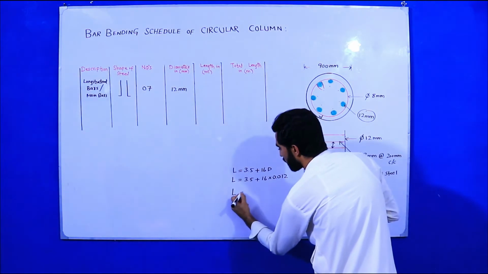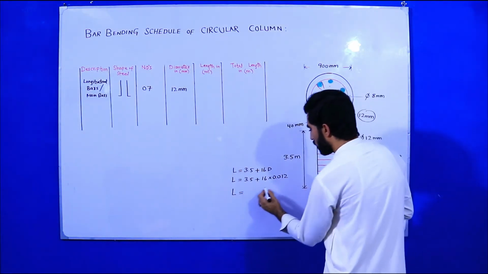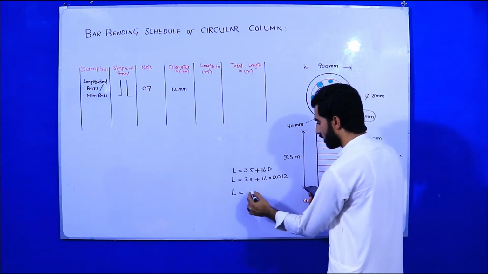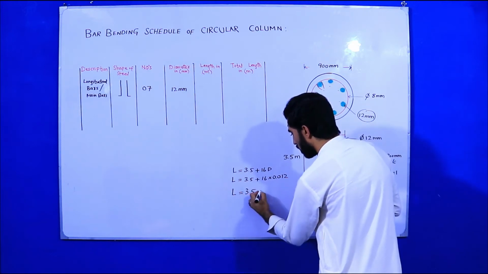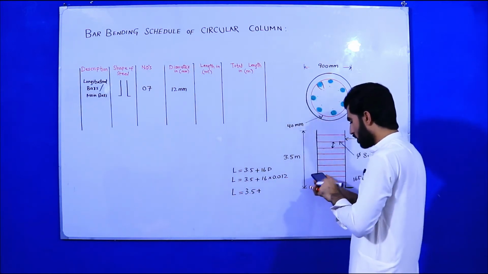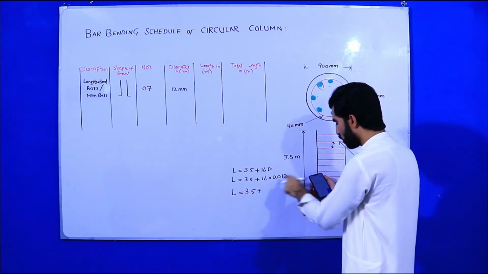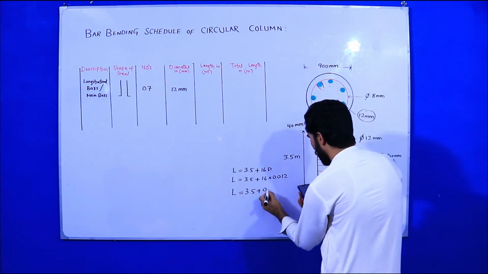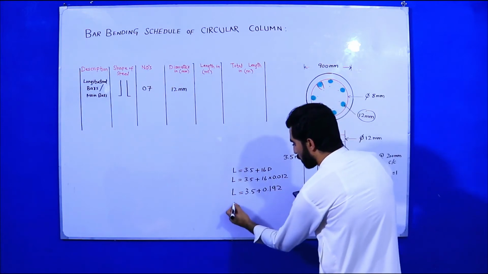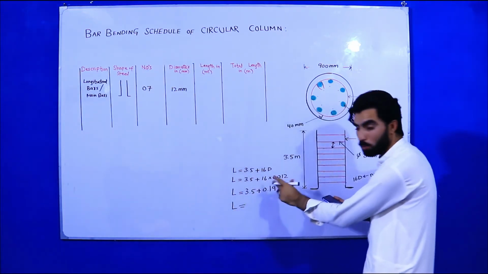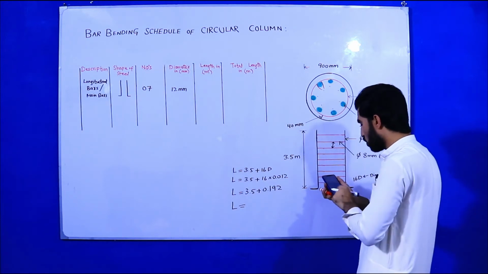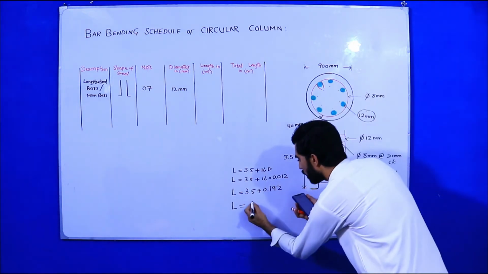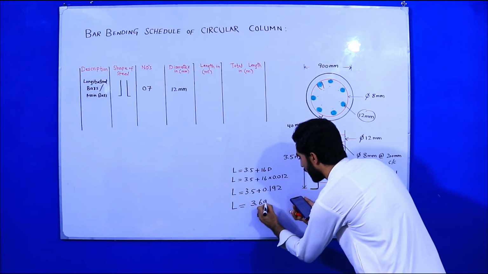So length is 3.5 plus 0.192, which becomes 3.692 meter.